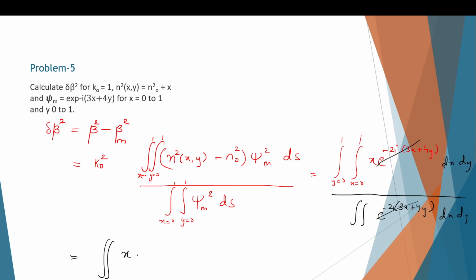So we are left with x dx dy, where x goes from 0 to 1 and y goes from 0 to 1. So finally we will have x square by 2, that is equal to 1 by 2.